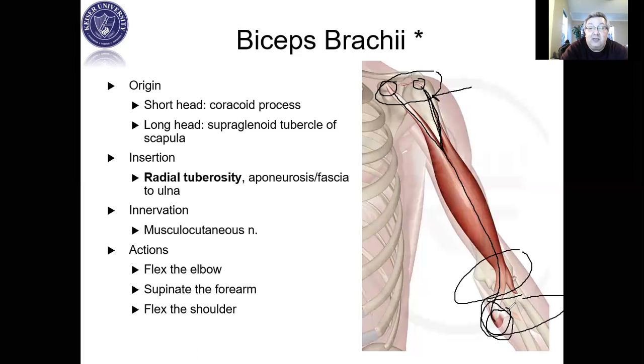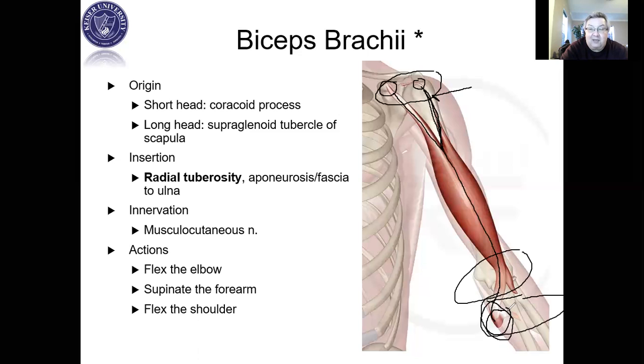The biceps brachii at the elbow does elbow flexion. It is one of the B's of my BBB for elbow flexion: biceps brachii, brachialis, and brachioradialis. Those are the three muscles that perform elbow flexion.